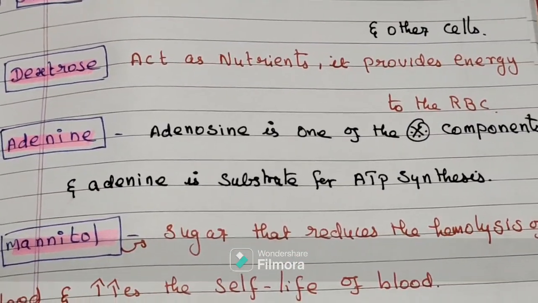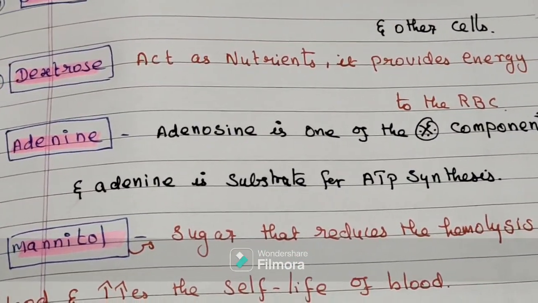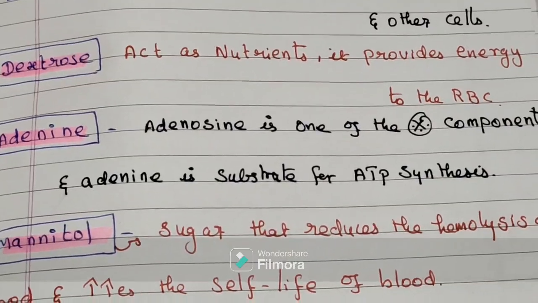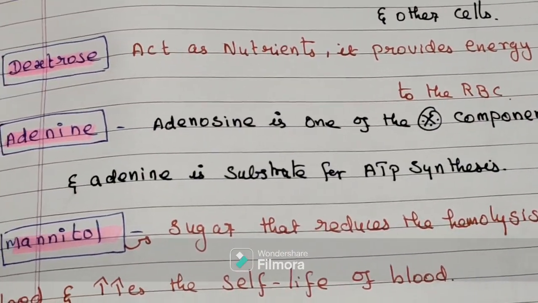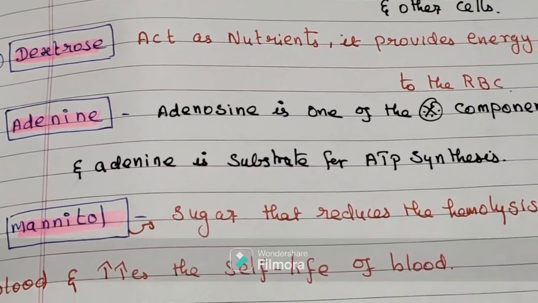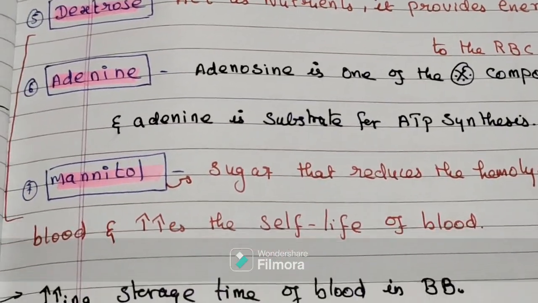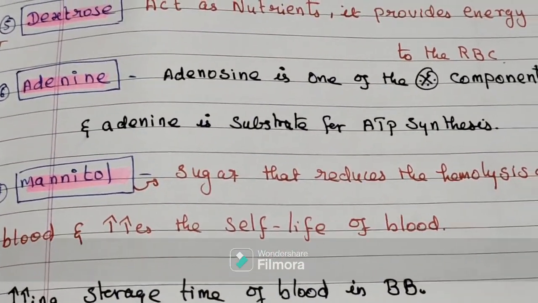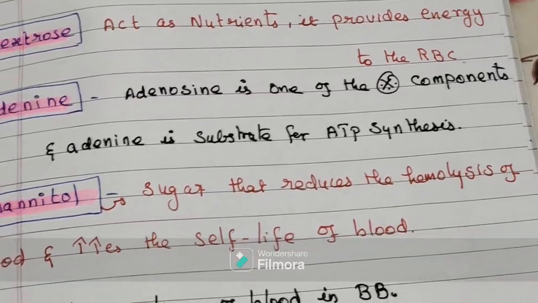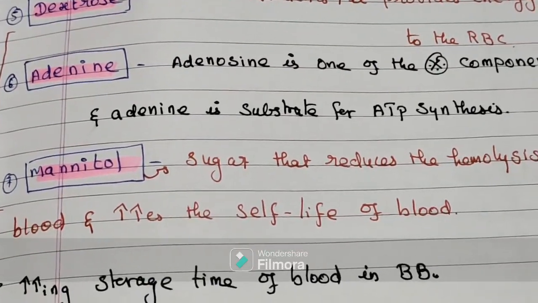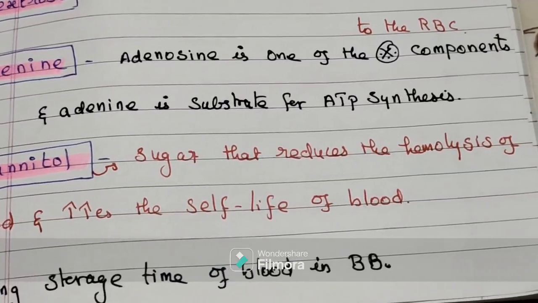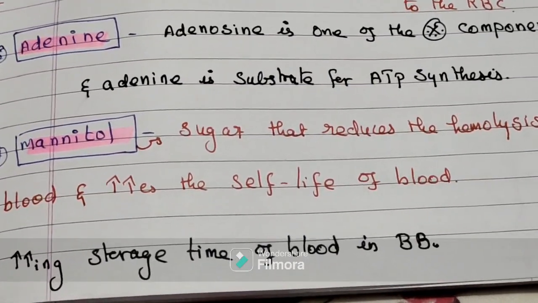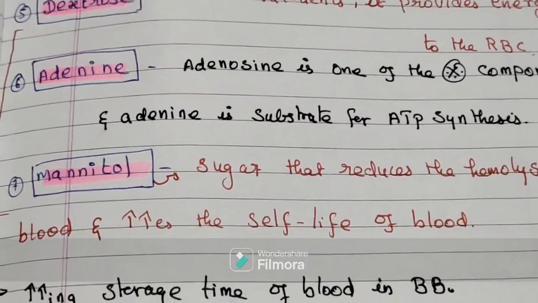Then adenine. Adenine is the substrate for ATP synthesis, an important component. Then mannitol. Mannitol is a sugar that reduces hemolysis of blood and increases its lifetime.